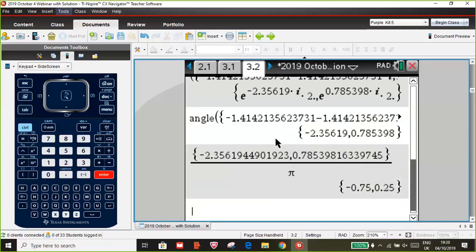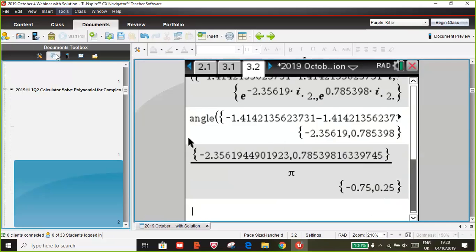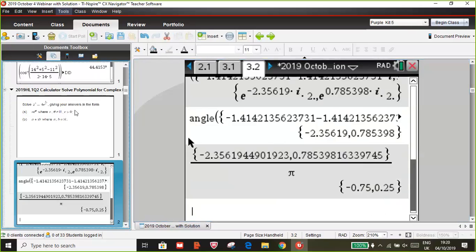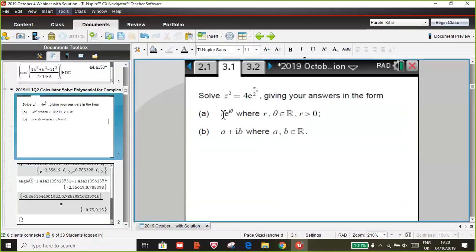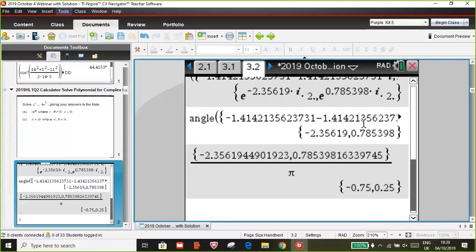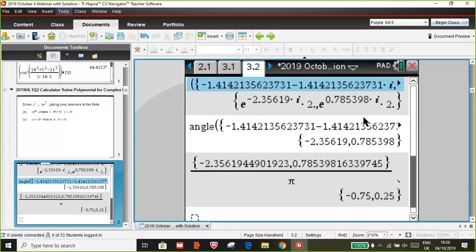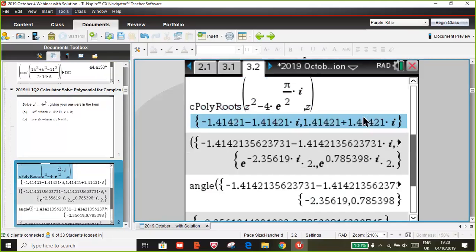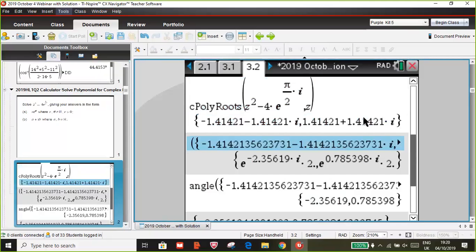So the student can just answer. I can refer you back to the question. The question is giving your answers in this form. So they have actually gotten their A and B, because we already found it right at the start. And if you are observant enough, 1.41421 is basically root 2, and we can actually verify it.